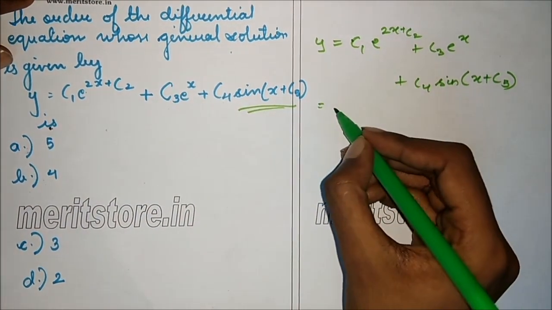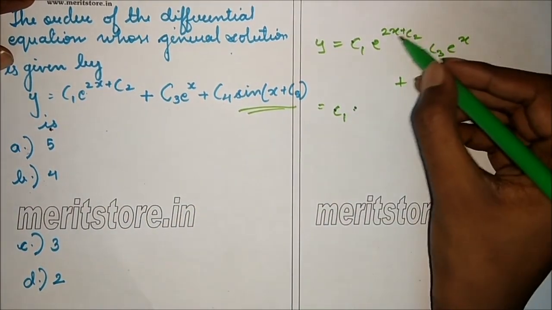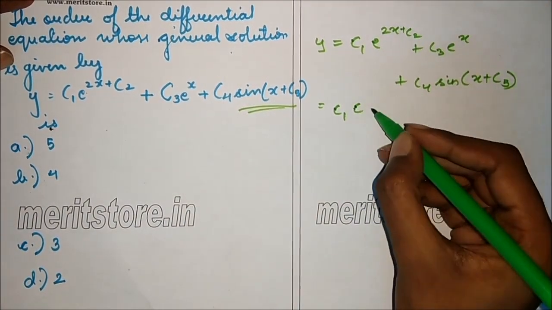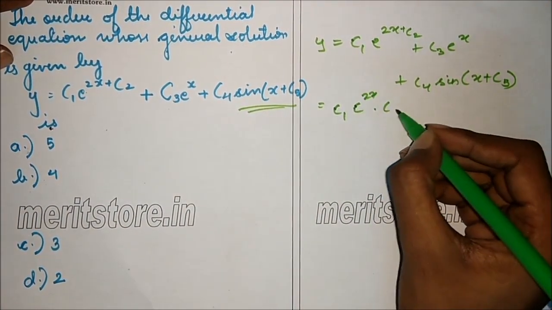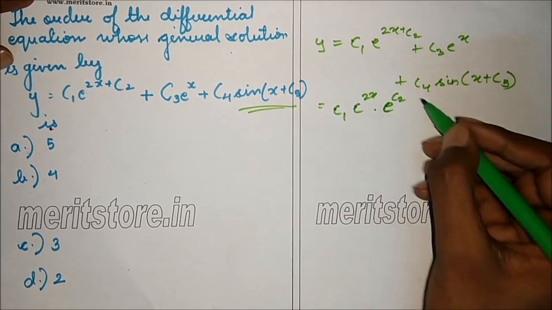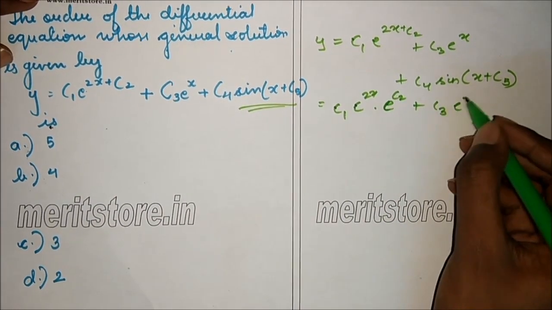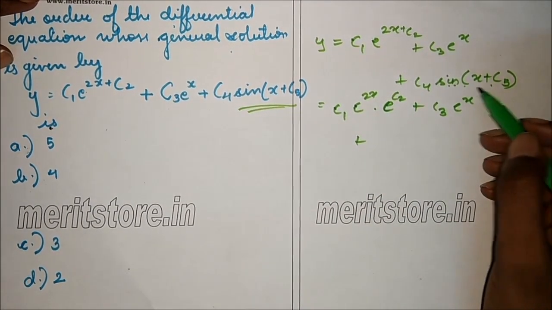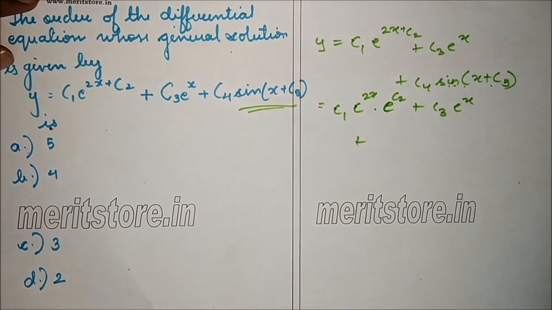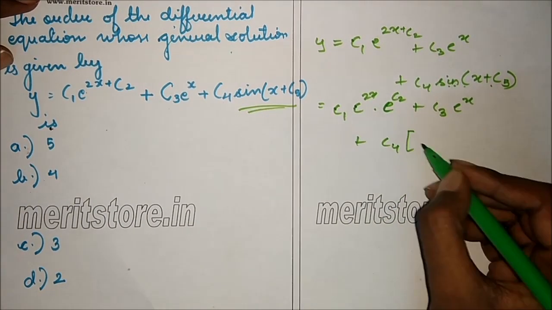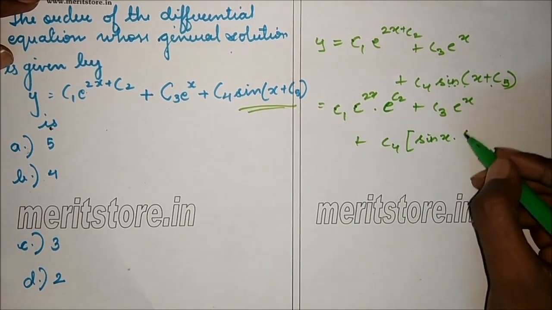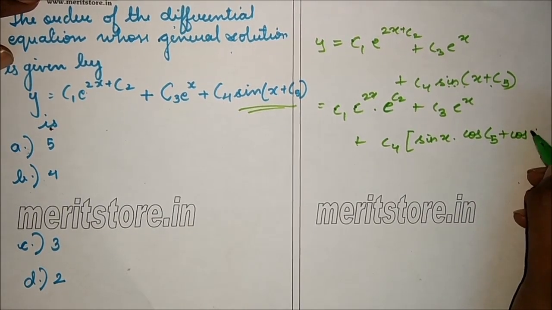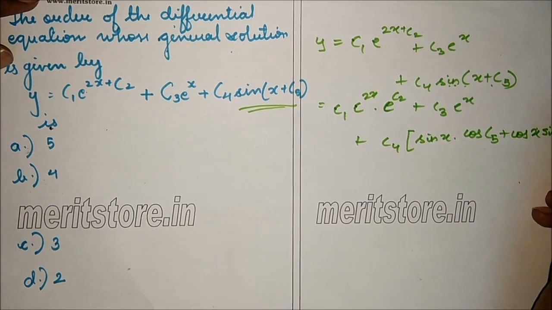Now we can write this, by law of indices, as c1 e raised to 2x into e raised to c2 plus c3 e raised to x plus, by the sine of a plus b rule, sine a cos b plus cos a sine b, that is c4 into sine x cos c5 plus cos x sine c5.